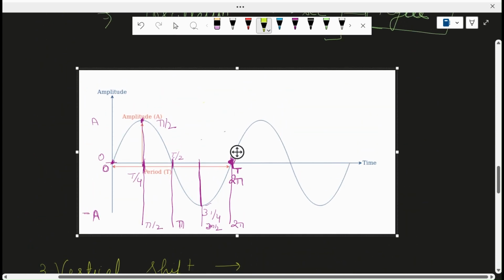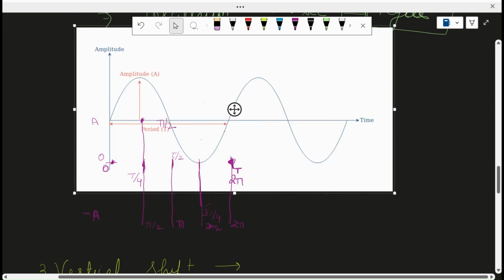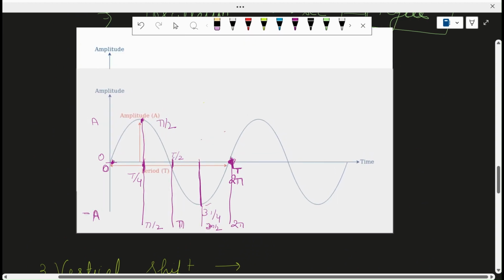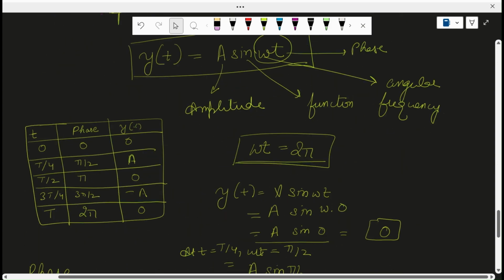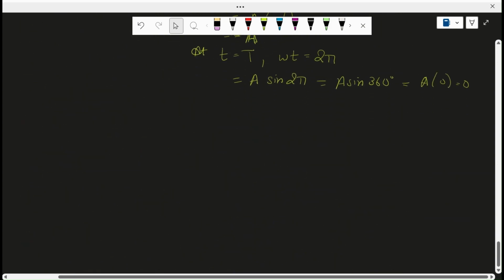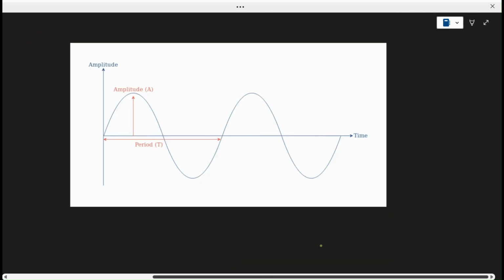So let me just make you understand now what is phase difference. Okay, so let us quickly understand now what is phase difference, right? So I'll just copy this. So today we saw what is amplitude, what is period, what is vertical shift, and what is phase.